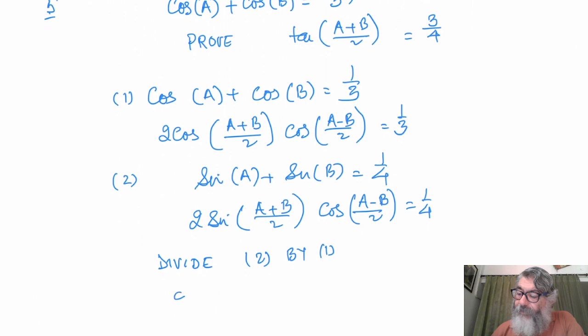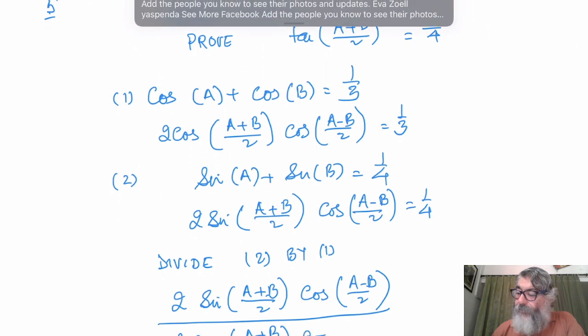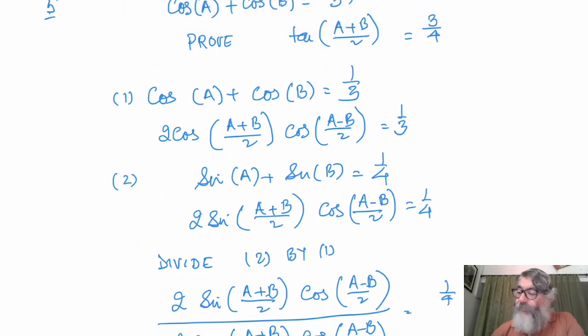So what will I get? 2 sin (A plus B)/2 cos (A minus B)/2 divided by 2 cos (A plus B)/2 cos (A minus B)/2 is equal to 1 upon 4 divided by 1 upon 3, because one value is 1 upon 4, one value is 1 upon 3.